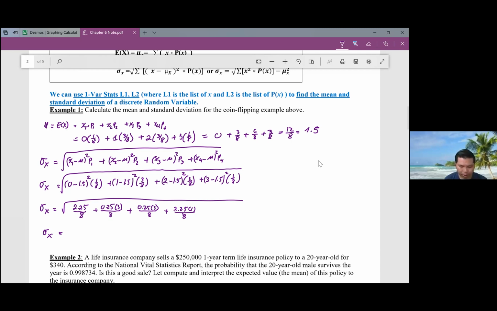Adding 2.25 plus 0.25 plus 0.25 plus 2.25, we get 6 over 8, then take the radical of that. So we get 0.8660.